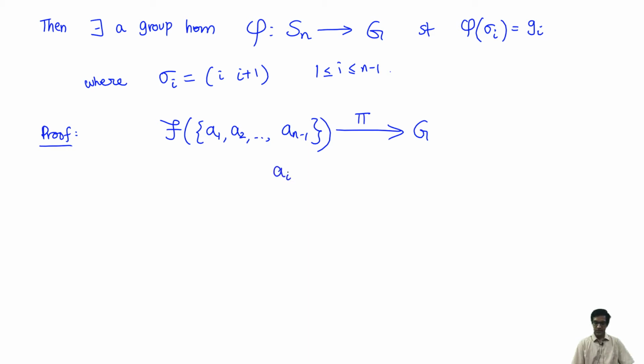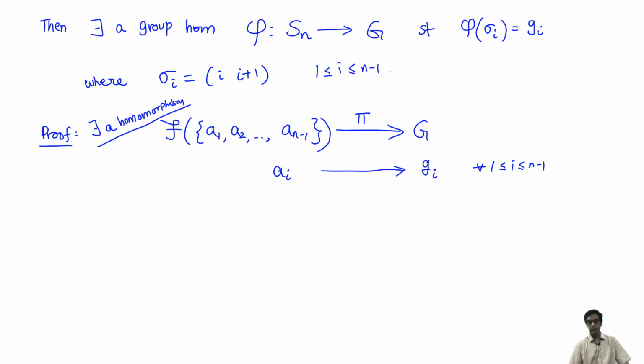This map just sends the generators ai to the special elements gi, for all i from 1 to n minus 1. So there exists a homomorphism like this. Why does it exist? Well, from the universal property of free groups, I can always specify arbitrarily where I want to map my ai's, and that always defines a homomorphism. But recall that the gi's satisfy those special relations.